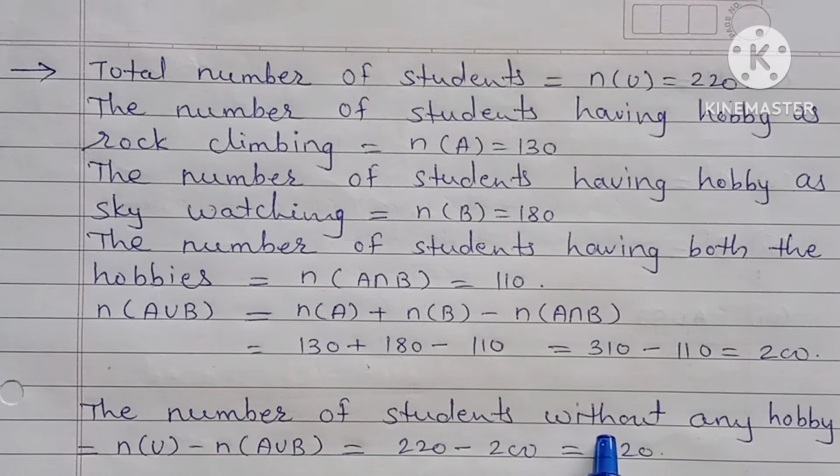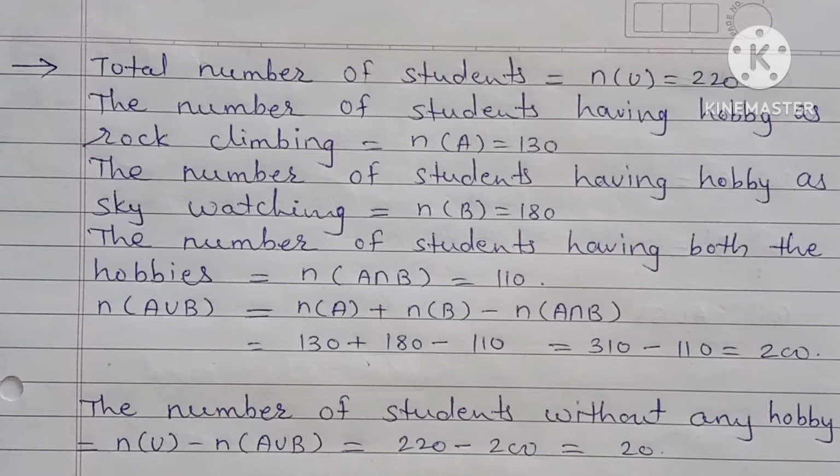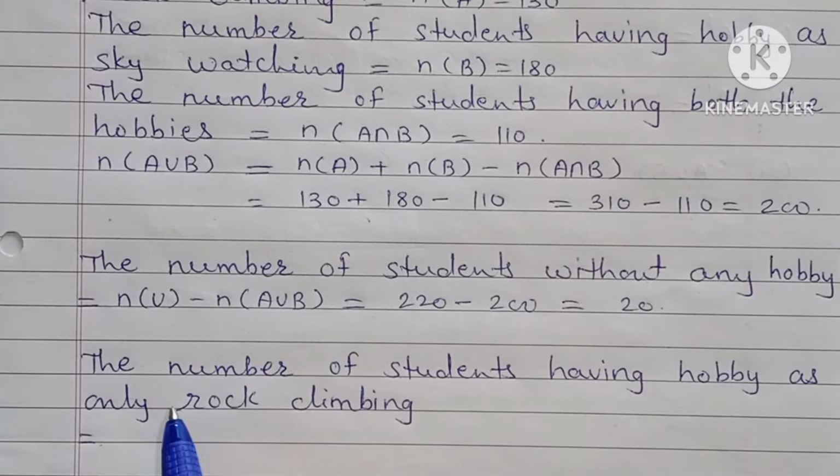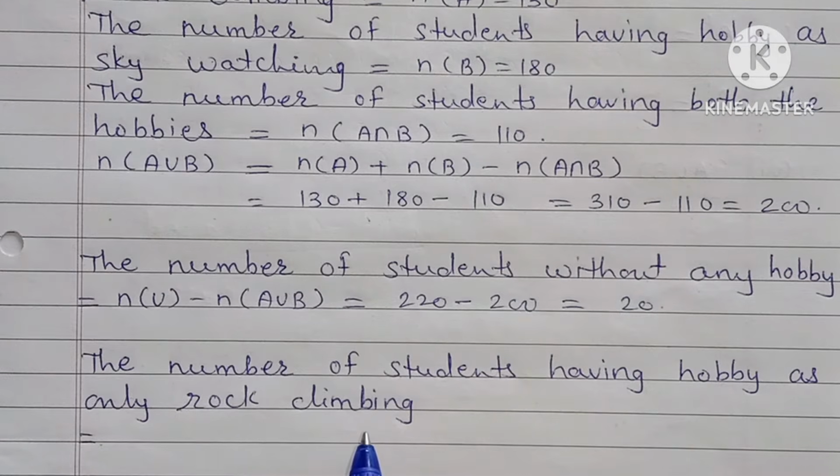The number of students without any hobby. How much students are there? 20 students. Next you can find out the number of students having hobby as only rock climbing.